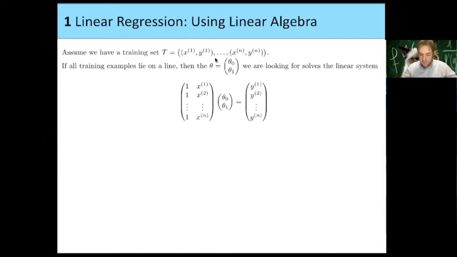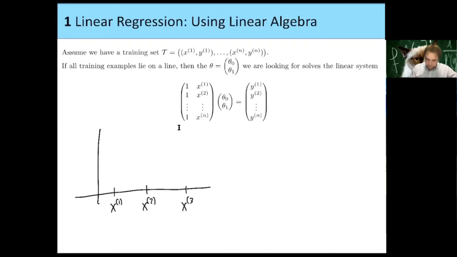We wanted to find this hypothesis, but let's assume that we have these data points which are actually on a line. So if I have 3 points, and let's assume that they are on a line, so this would mean that here I have y1, here I have y2, and here I have y3.